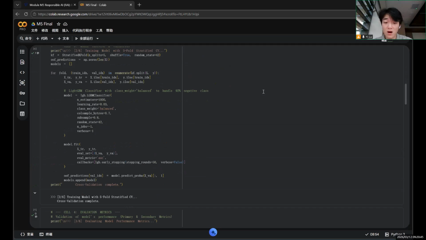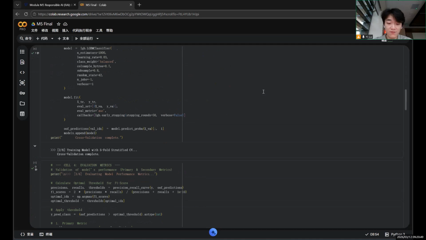For the modeling algorithm, I selected LightGBM, configured with balanced class weights to heavily penalize the model for missing potential defaults. Crucially, to validate performance without data leakage or skewed results, I implemented a five-fold stratified cross-validation strategy.